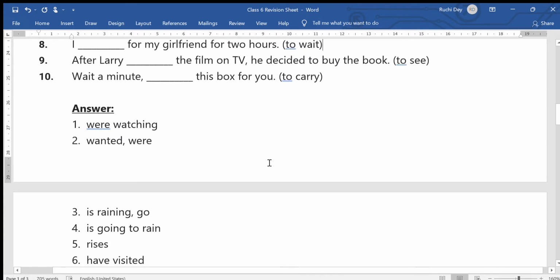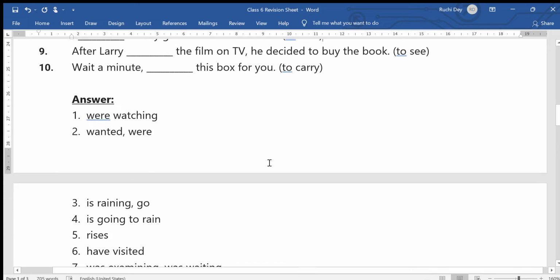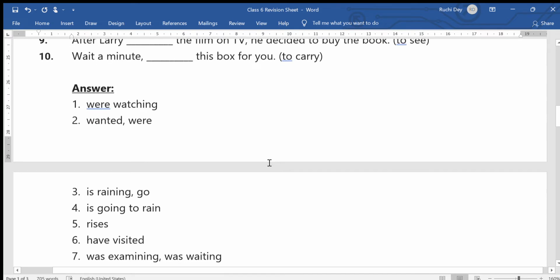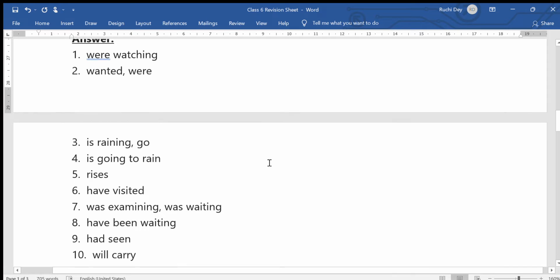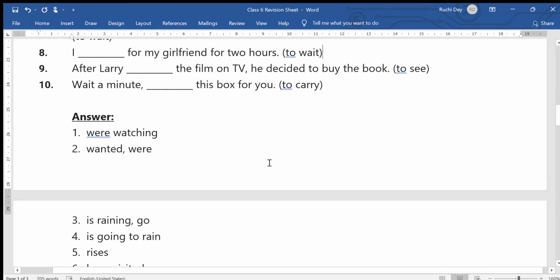After Larry had seen the film on TV, he decided to buy the book. The last one. Wait a minute, dash this box for you. Now, this is in the current form. The word is to carry. Wait a minute. Now, this thing is going to happen. I will carry this box for you.